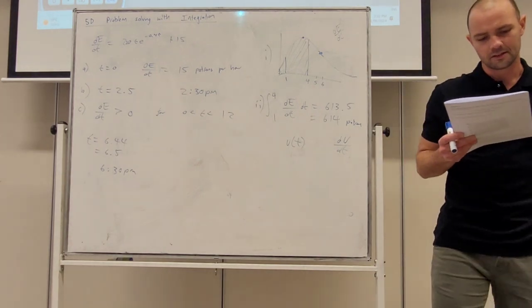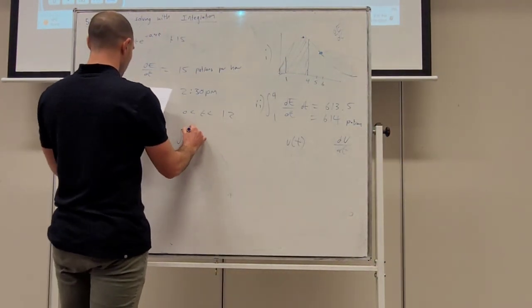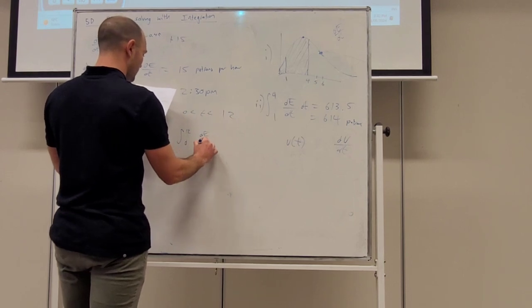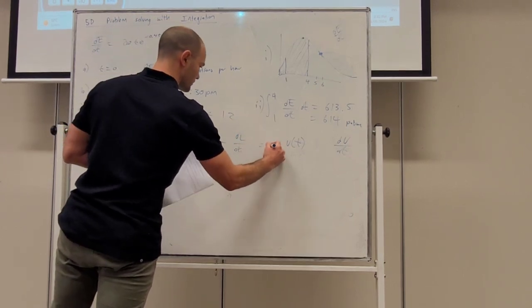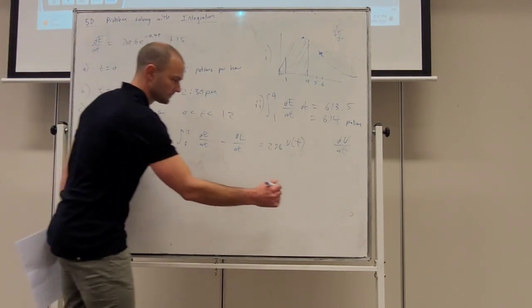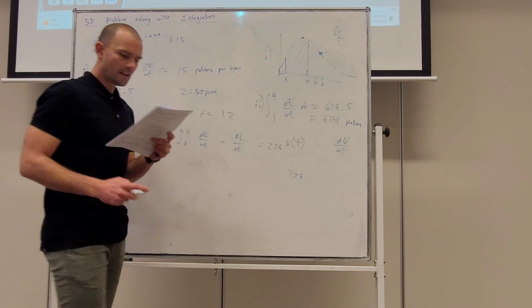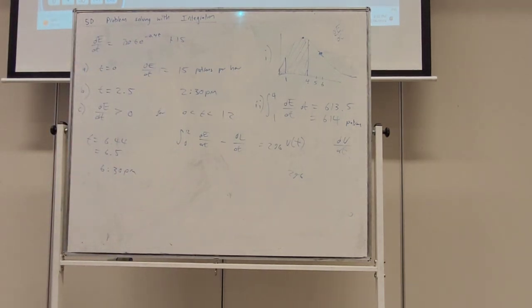Okay, given, so we don't even have to calculate. Given the integral from 0 to 12 of dE on dt, take dL on dt, equals 296. What does 296 mean? State the meaning of the value 296 in the context of the number of patrons.